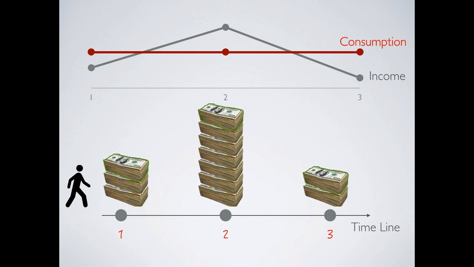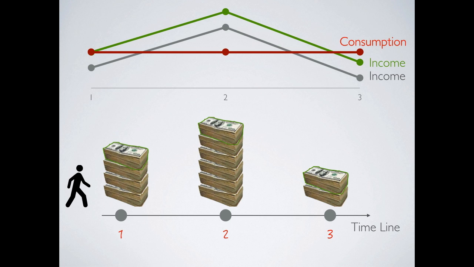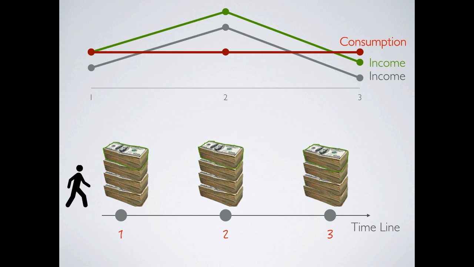Then how would the household do for his consumption? If the household prefers consumption smoothing, then what he can do is that first we know that this kind of permanent income change will shift the income pattern upward to this new green line. And then the household can reshuffle its cash piles. For example, he can move 1 pile of cash from day 2 to day 1, and then move 2 piles of cash from day 2 to day 3.